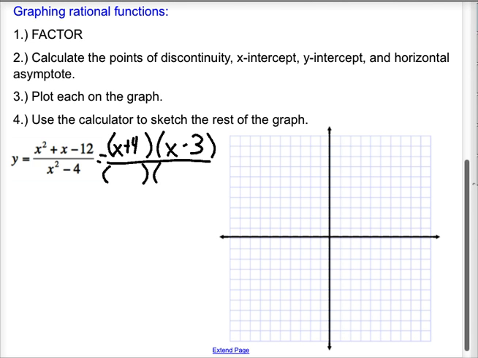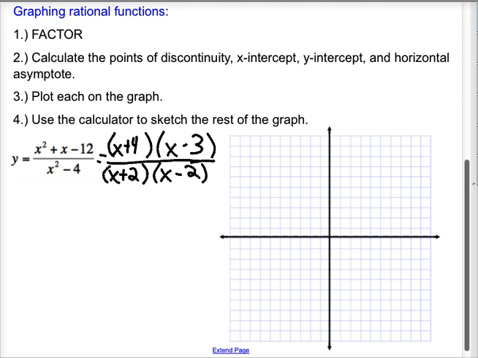Then the bottom is a difference of squares: x plus 2, x minus 2. Now again, if you're struggling with factoring, please make sure you come in and get some help, because factoring is just a baby step to everything we need to be able to do in this chapter. So that's what it looks like factored.